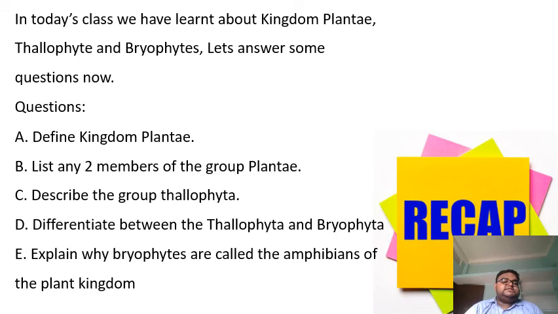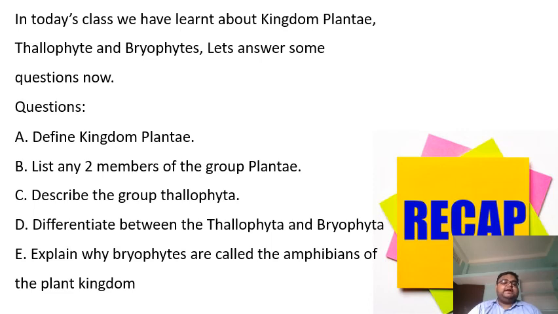Can you list any two members of the kingdom Plantae, students? We can say that bryophytes and thallophytes are two members of the kingdom Plantae. How can you describe thallophytes, students? We can describe thallophytes as members of the plant kingdom that do not have a differentiated body. Their body is not differentiated into root, stem, and leaf.